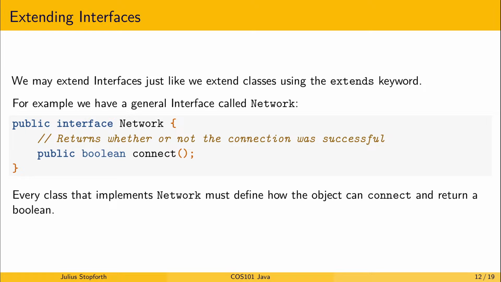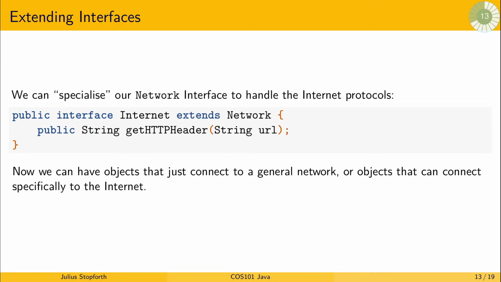But like we said, there's many different networks. So we can specialize the network interface to an internet network, right? And in the internet network, we have the internet protocol commands and a bunch of extra stuff. So we can connect to the internet, and then we can do something like get an HTTP header or an HTTP file, or make a status request, or whatever. These are all things that are related to the internet and not networks in general.